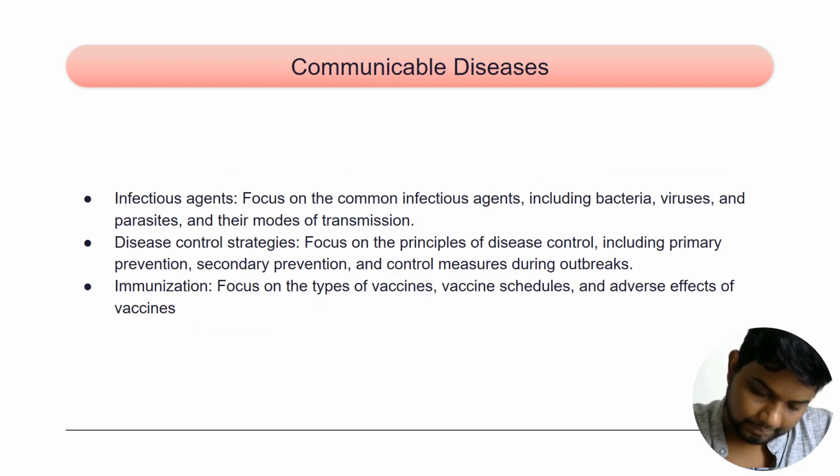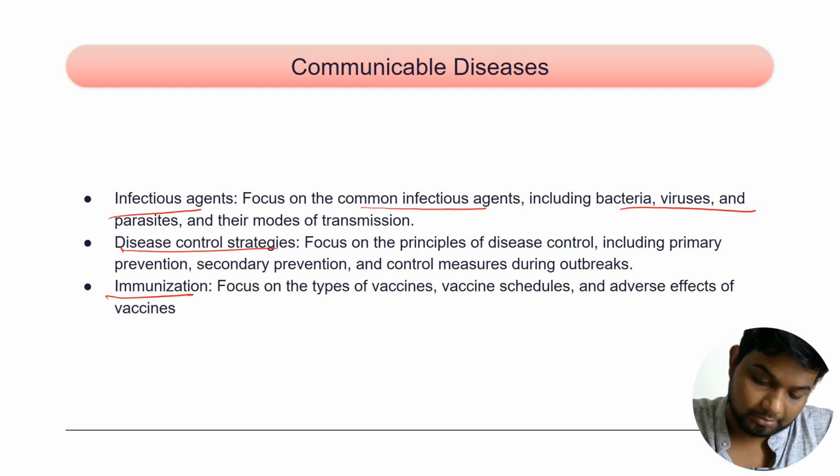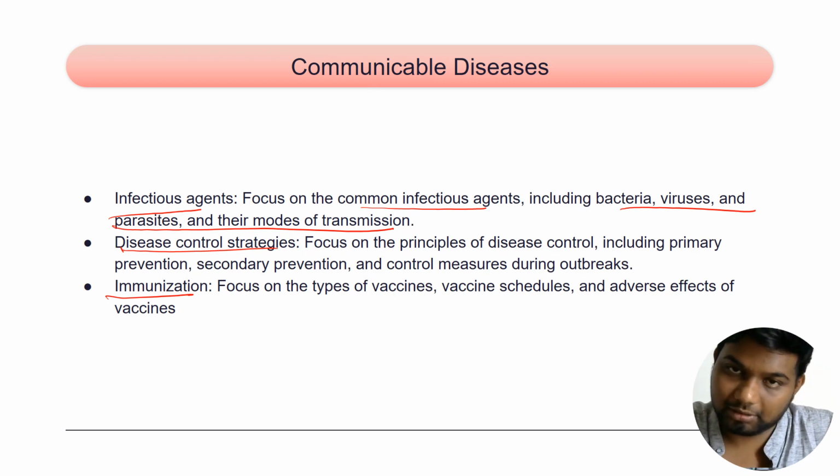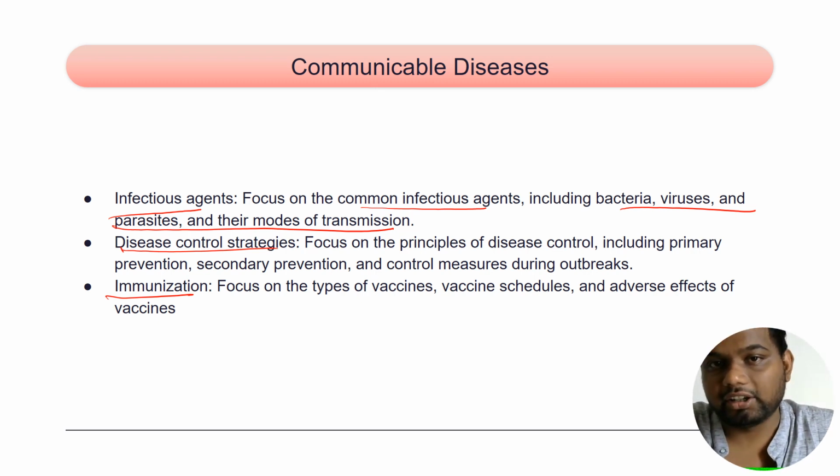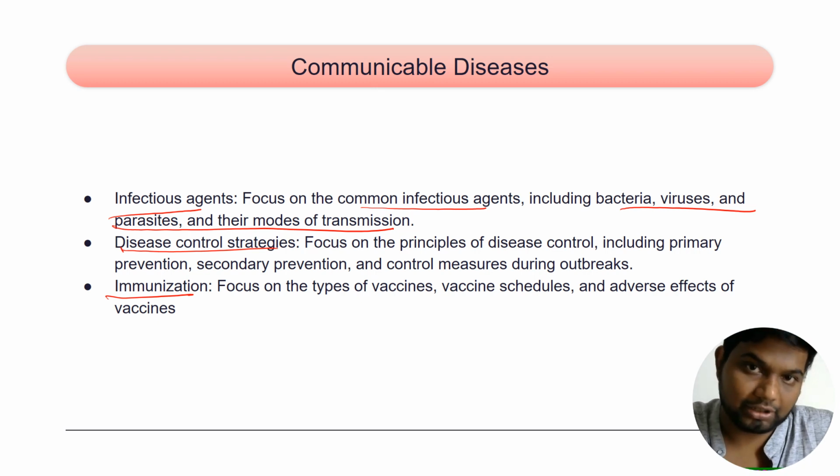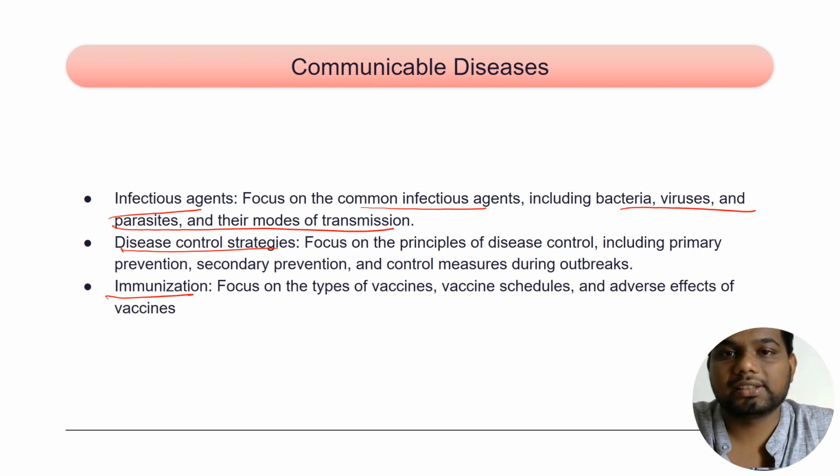Okay. And apart from that, you have communicable diseases: infectious agents, disease control strategies, and immunization. Speaking about infectious agents, the common infectious agents include bacteria, viruses, parasites, and the mode of transmission. All the communicable diseases cover important areas in microbiology. We discussed that in microbiology. If you want, you can watch the microbiology video to understand more about the areas asked in communicable diseases.